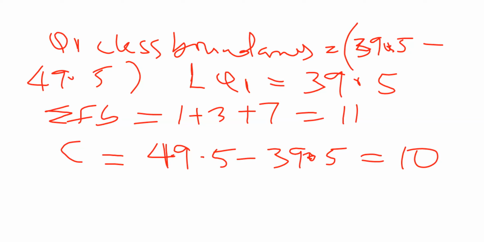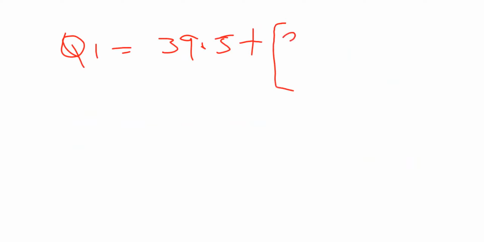Okay, sir. Good. Now to quickly get that, our Q1 will be equal to 39.5 plus N over 4, 100 over 4, 25, minus 11 that we just got, and this one is 20, and this is 10.